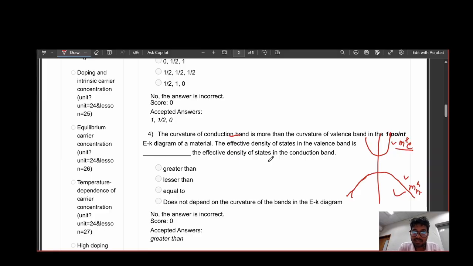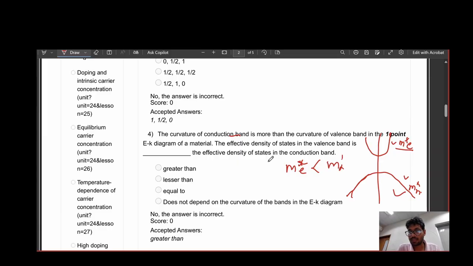The curvature is more in the conduction band, so the effective mass of electron is less than the effective mass of the hole, M star H.